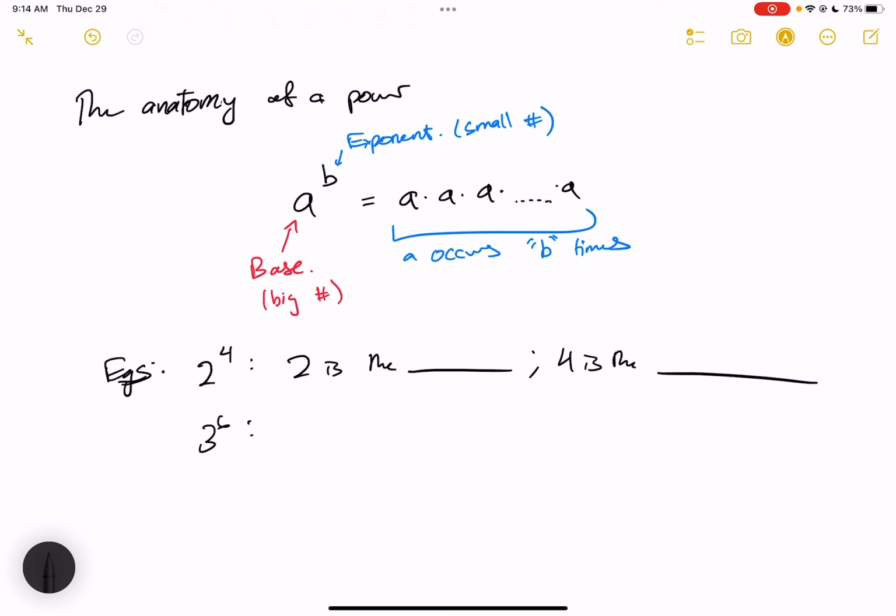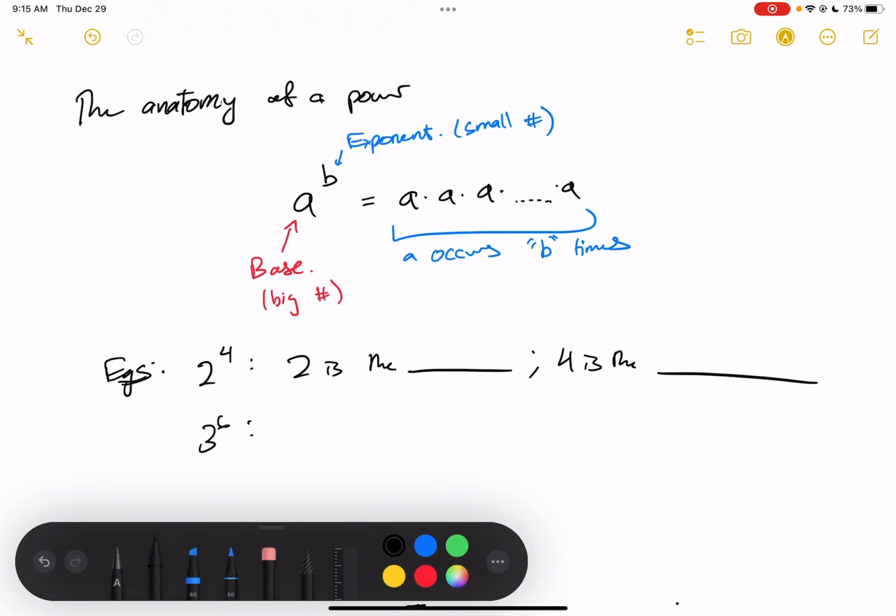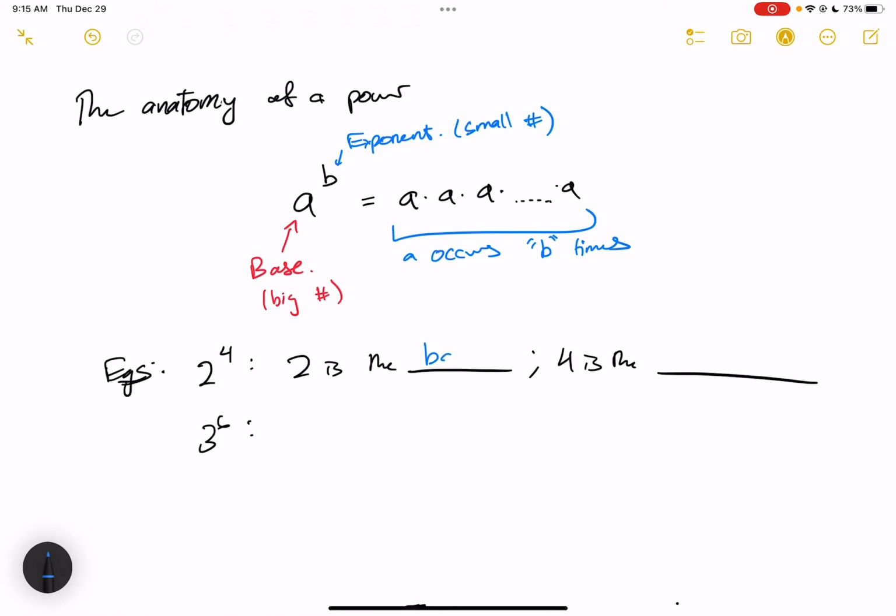So let's look at this. 2, is that the big number or the small number? Well, it's the big number with the little number raised up above it. So in this case, 2 is the base, while 4 is the exponent, because it's the tiny number that is raised up. And this is the big guy.